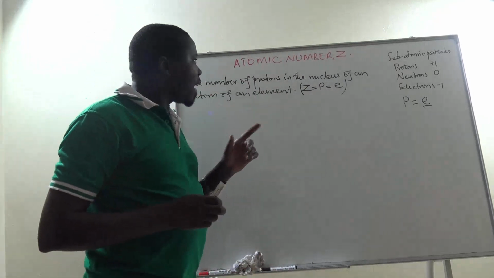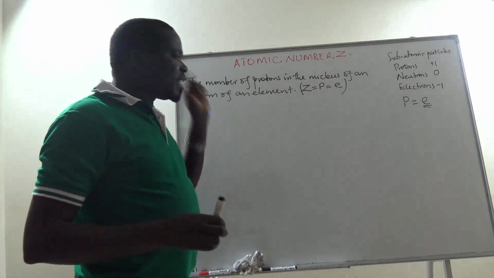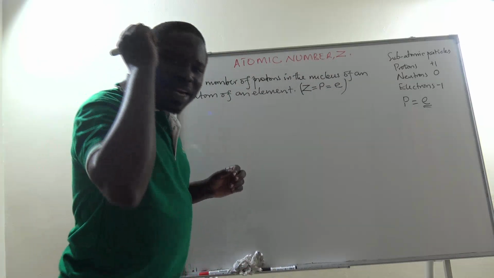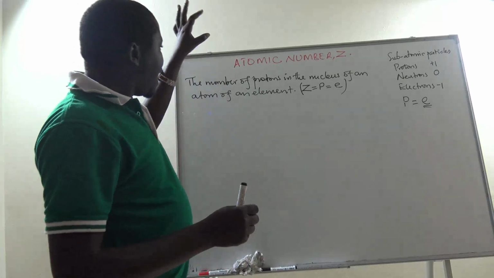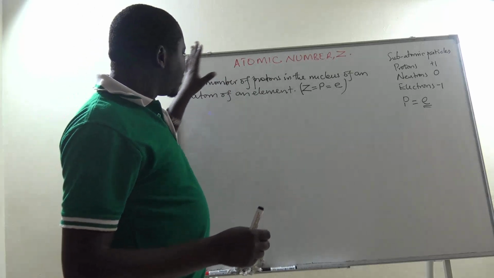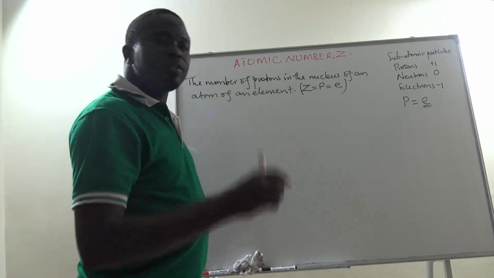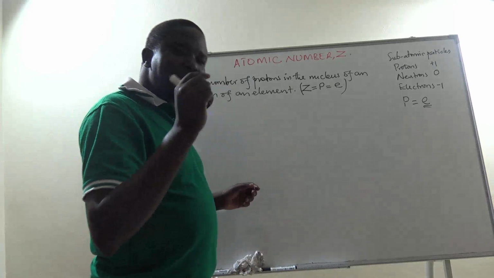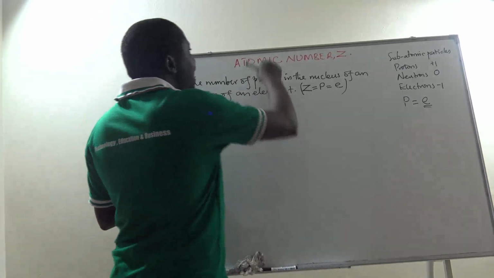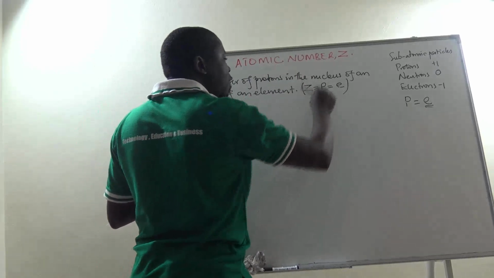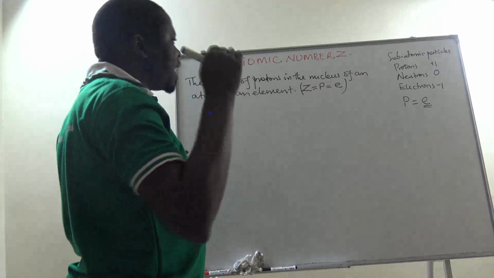So we are going to look at what we call the atomic numbers of the first 20 elements. So at ordinary level, we are supposed to know the elements whose atomic number ranges from 1 up to 20. So we call those the first 20 elements. In this case, we must know that the atomic number is the same as the number of protons in the nucleus of an atom of that element.